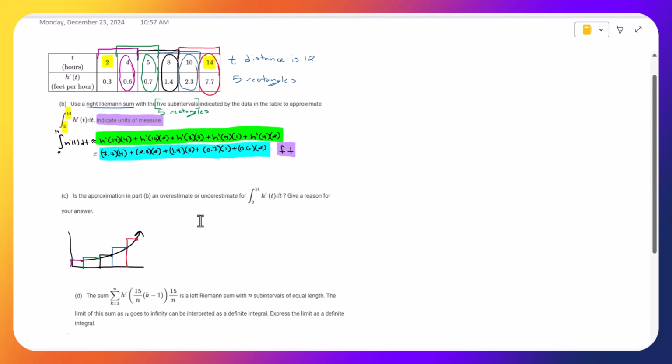It takes a little bit of time, which time is a valuable resource. But if that helps you get the answer right, that helps you get the answer right. It's an overestimate because it's overestimating because h prime is increasing.